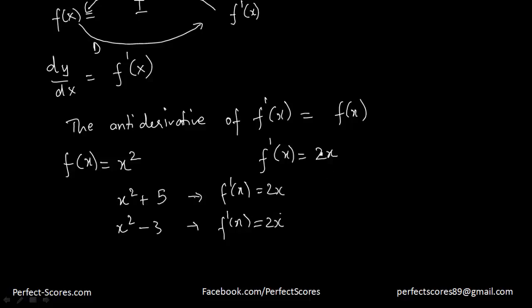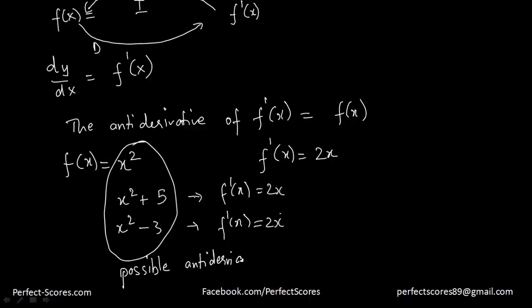Hence, once I have a derivative of a function equal to 2 times x, these are all the possible functions, or possible antiderivatives, whose derivative is 2 times x, which means we will not be able to surely find out what the antiderivative of this function is.